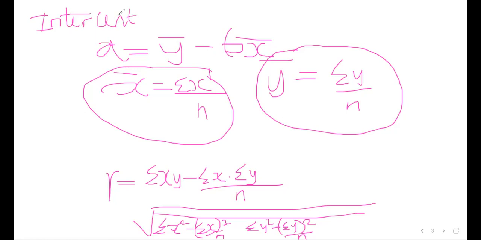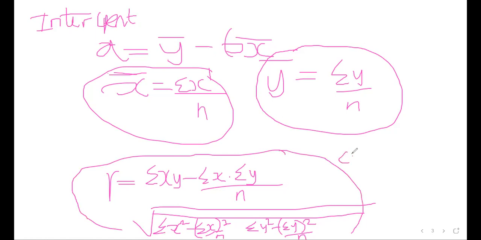All right, so now you have the mean of y and the mean of x. And this is the correlation coefficient formula, which measures the relationship between two variables, in order to see if we have a positive or negative relationship between the variables.